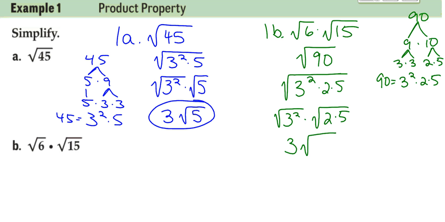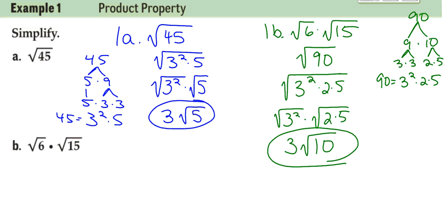And since the 2 and 5 are both prime, neither can come out, so that will be 3 the square root of 10. And that's how we use that product property and take out perfect square factors, just to let you know as we look at that.